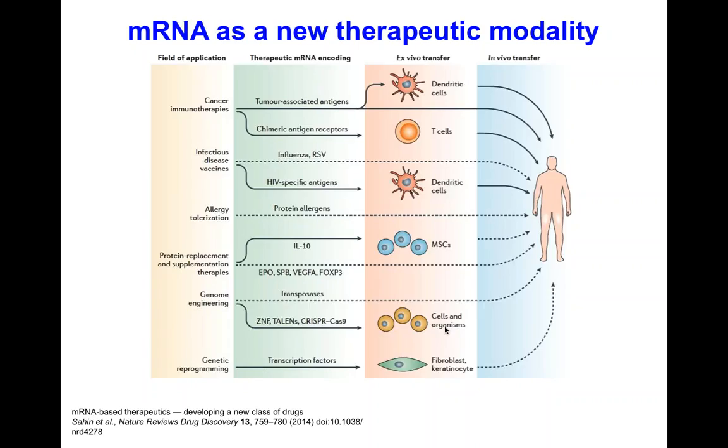This field has exploded, and there are a lot of people and companies working in this area that have reached clinical trials. This can be used for cancer immunotherapy, infectious diseases, protein replacement therapy, and gene editing. So mRNA has become a new therapeutic modality that can be utilized for drug targets that were undruggable before.